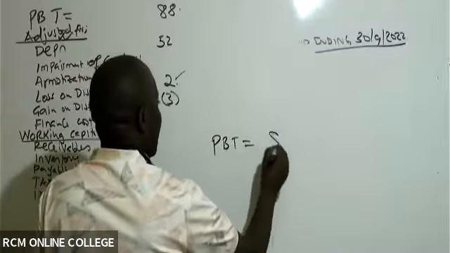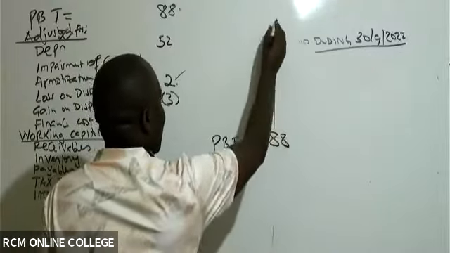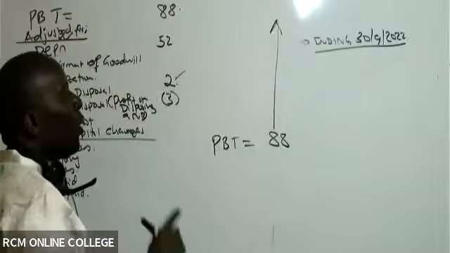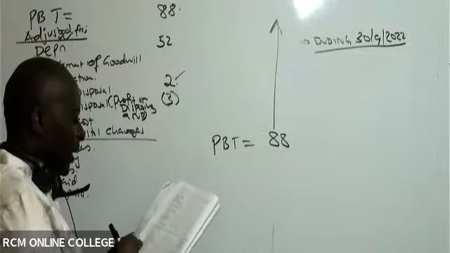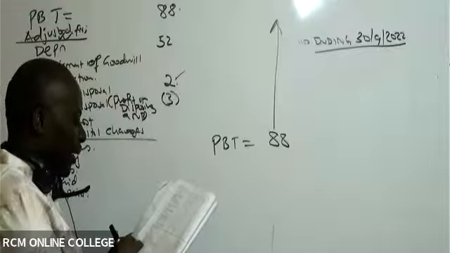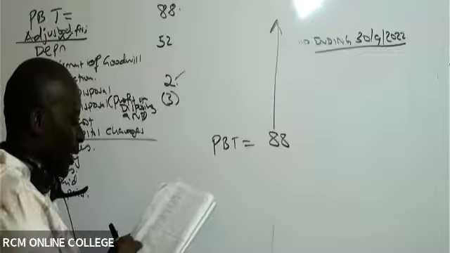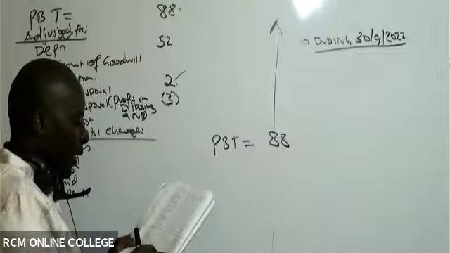Profit before tax is 88. Now you look north, you look up for any non-operational item. I can start from revenue.